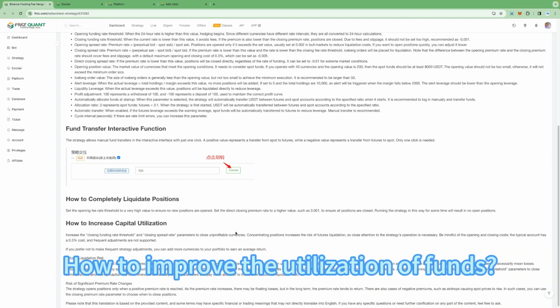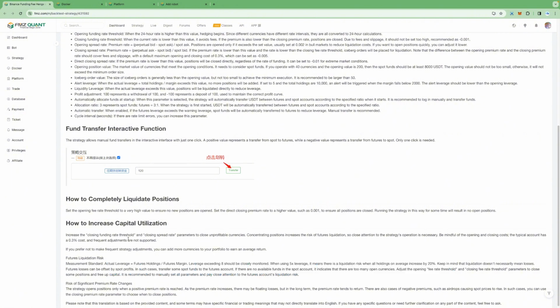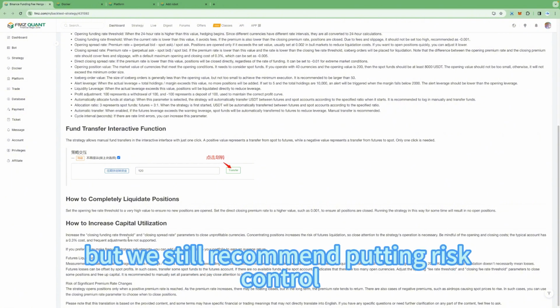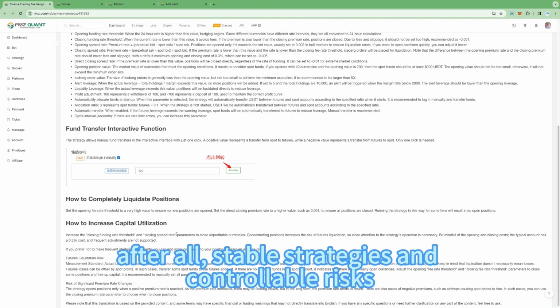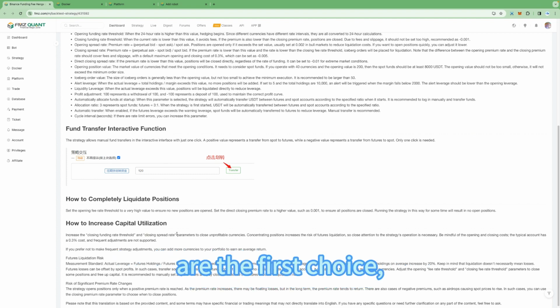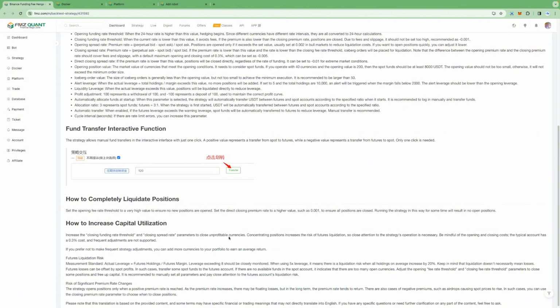How to improve the utilization of funds? We also have some suggestions, but we still recommend putting risk control in the first place. After all, stable strategies and controllable risks are the first choice, not blindly pursuing high capital utilization rate through strategies.